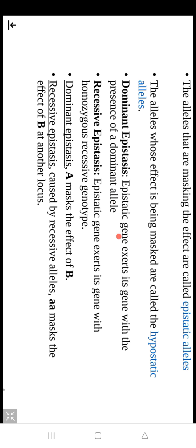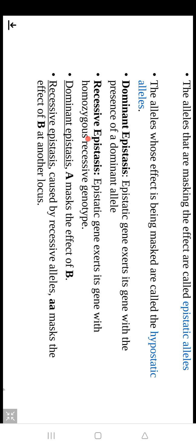So when the epistatic gene exerts its effect with the presence of a dominant allele, we say that kind of epistasis is known as dominant epistasis. But on the other side, we have recessive epistasis, whereby the epistatic gene will exert its effect with a homozygous recessive genotype.